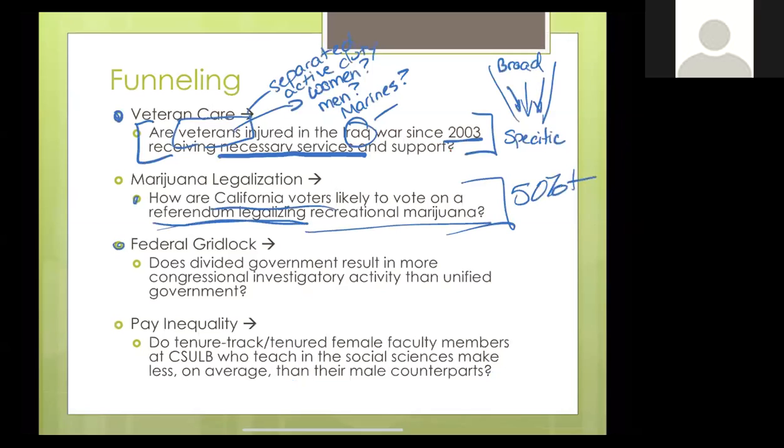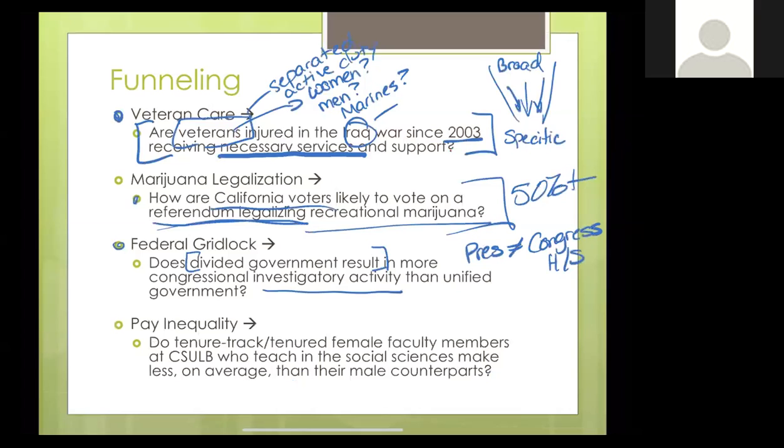Federal gridlock: Congress doesn't do anything ever. Does divided government, and this is a good example from a journal article I've read before, a divided government, defined as the president and Congress not all being the same party, and this could be House or Senate, result in more investigatory activity than unified government?